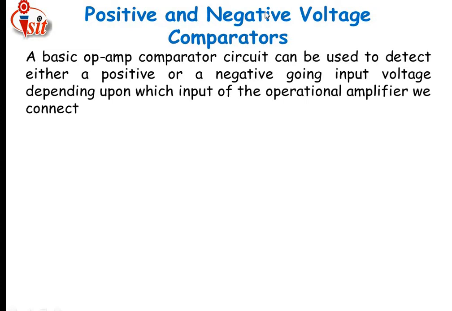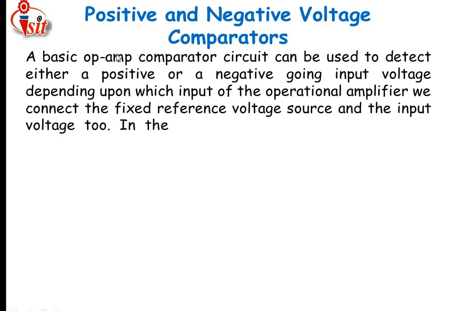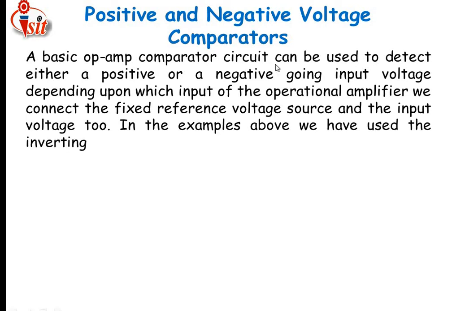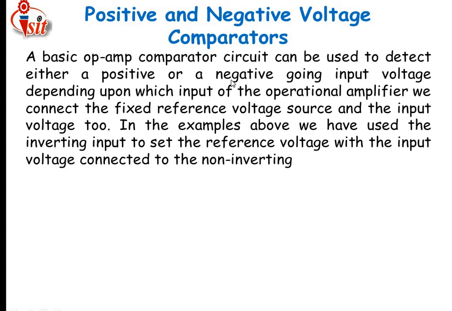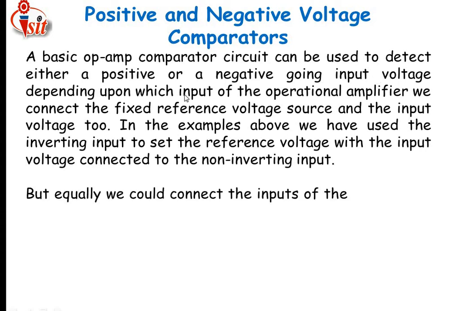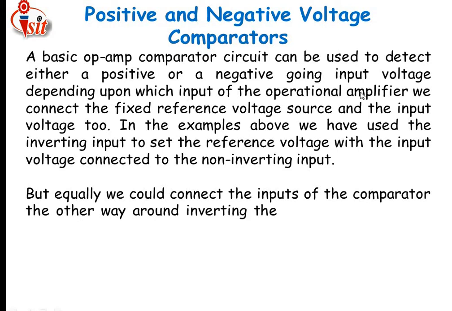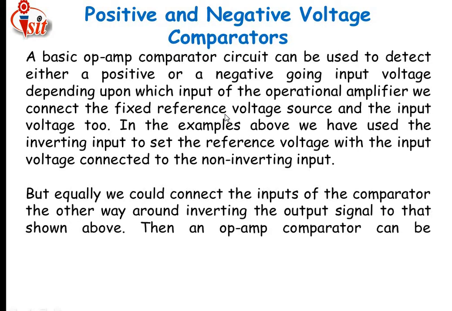How is the differentiation between a positive comparator and a negative comparator made? Just see here. A basic op-amp comparator circuit can be used to detect either a positive or a negative going input voltage, depending upon which input of the operational amplifier we connect the fixed reference voltage source and the input voltage to.